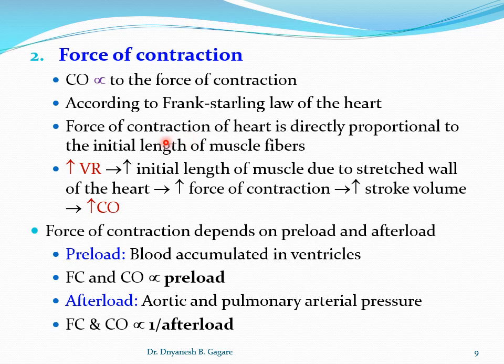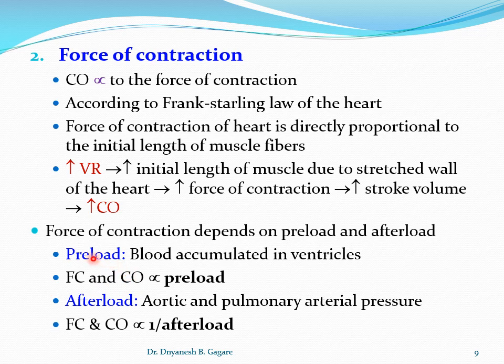If the muscle is stretched, more and more myosin heads, of the actin filament and myosin filament, particularly the heads, come into the picture, and the contraction is more. Simply, the more the accumulation of blood, the more vigorously the heart contracts, and that leads to an increase in cardiac output.